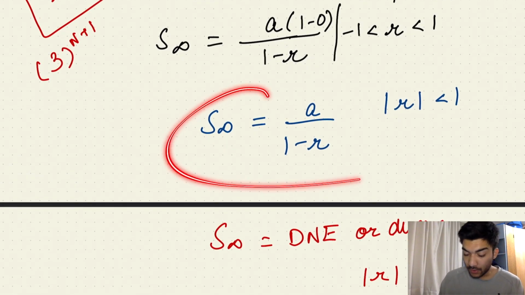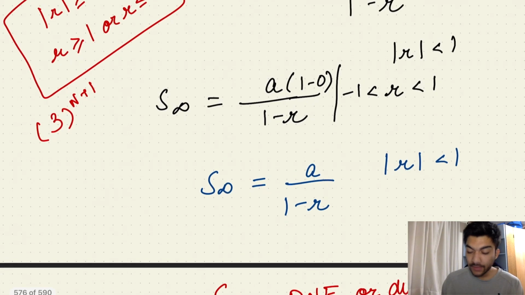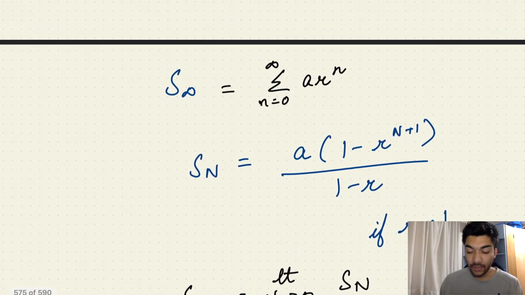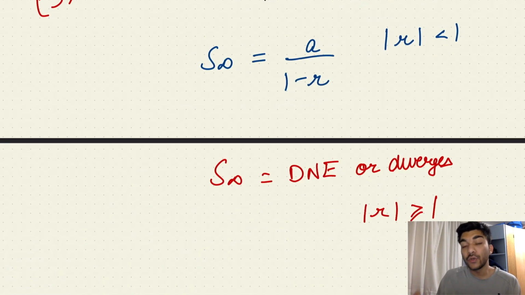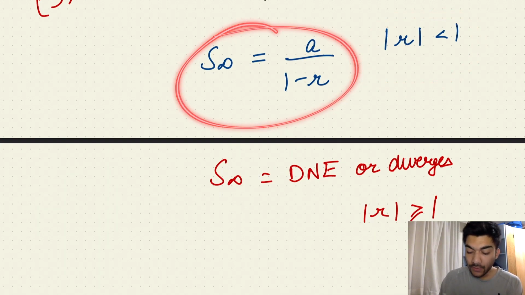So that's all about the sum of an infinite geometric series. Whenever you're calculating the sum of an infinite geometric series, you have to first notice the absolute value of r. If the absolute value of r is less than 1, you can totally use this formula.